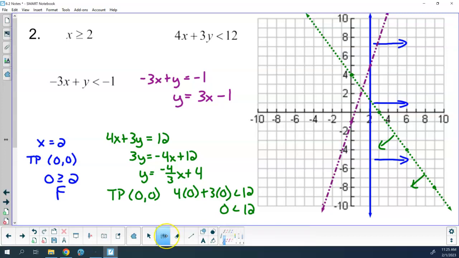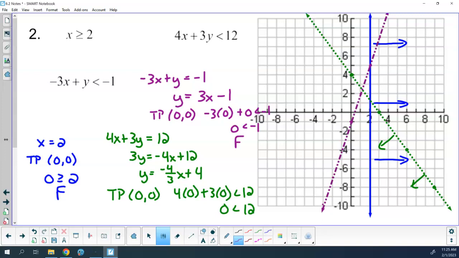Came extremely close to the origin, but I didn't go through the origin. So I am going to test the origin. Negative 3 times 0 is 0. Plus 0 is 0. 0 is not less than negative 1. That is false.